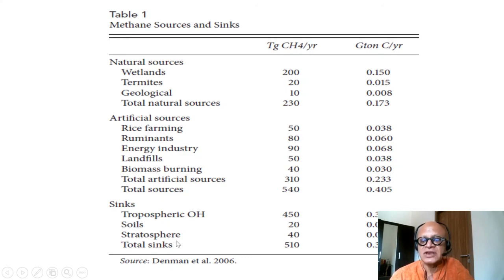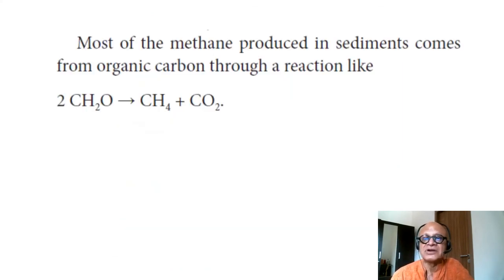Soils take up some, and the stratosphere takes up a small amount as well. So the tropospheric radical reaction is the biggest one that we will look at. So you're accumulating 540 minus 510 per year, so about 30 teragrams of methane per year.